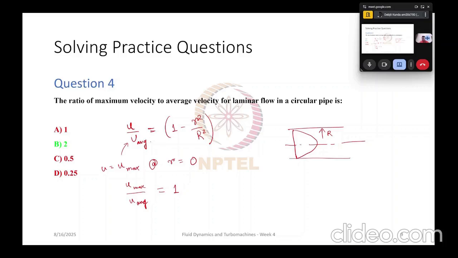Sorry, this is not u average. This should be u max instead. We need to find out what u average is.